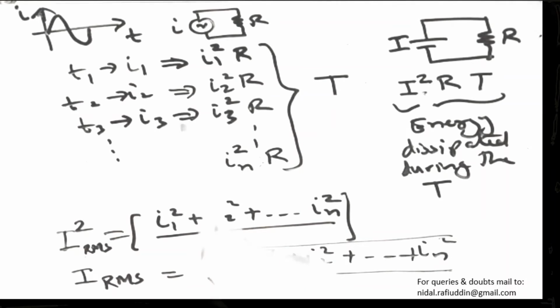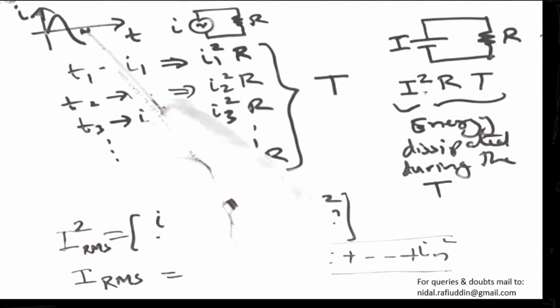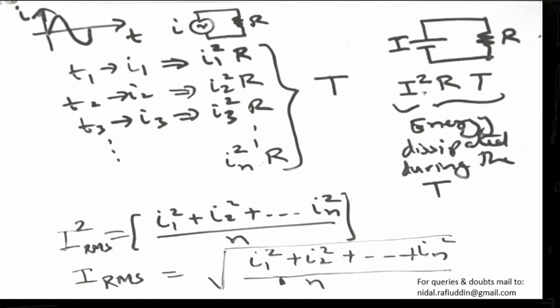But for the continuous curve, we are not going to have a finite number of instantaneous values, rather the values will be infinite.